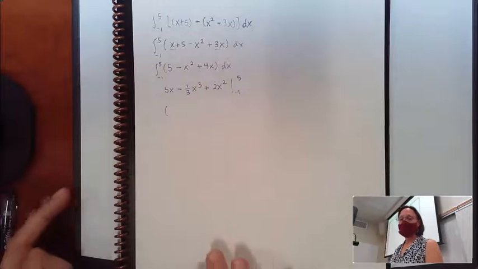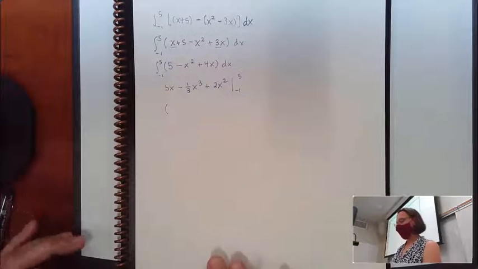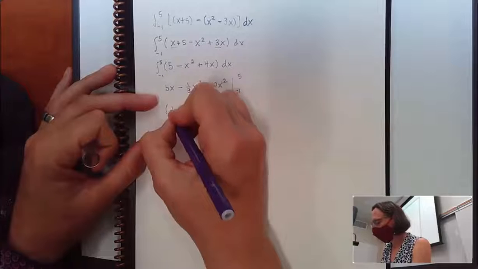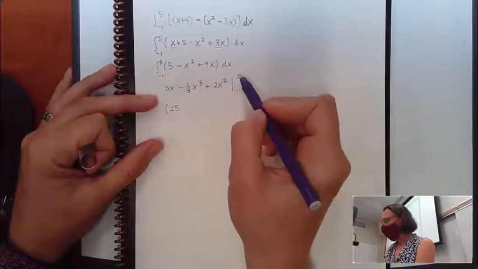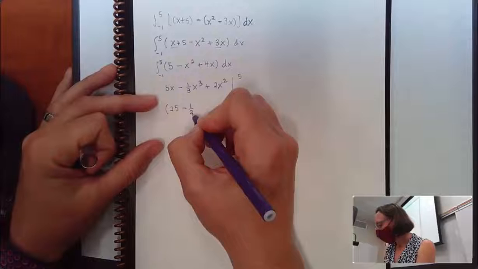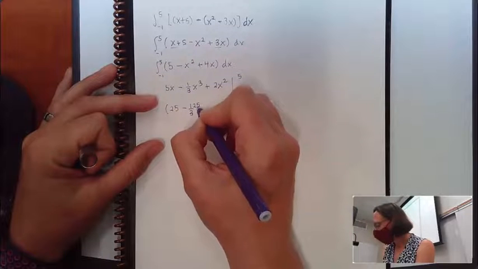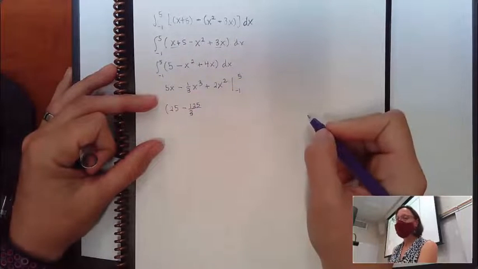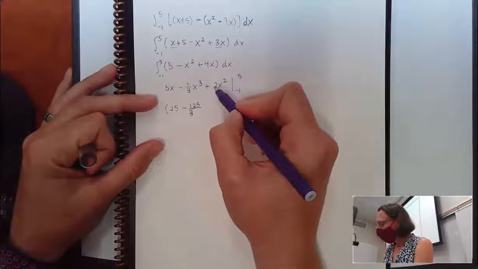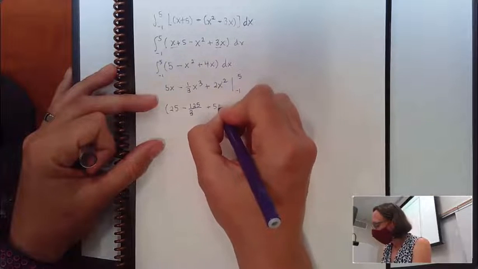Again, I'm only going to do the parts that are easy to do in my head and the rest I won't simplify. 5 times 5, I got that. 5 to the 3rd, I happen to know. If you don't know that that's 125, then don't worry about it. Just put in 5 cubed. 5 squared is 25, and I multiply that by 2, and I get 50.